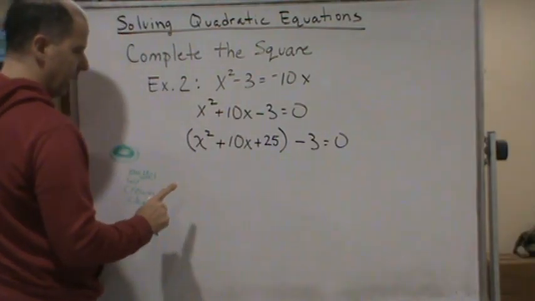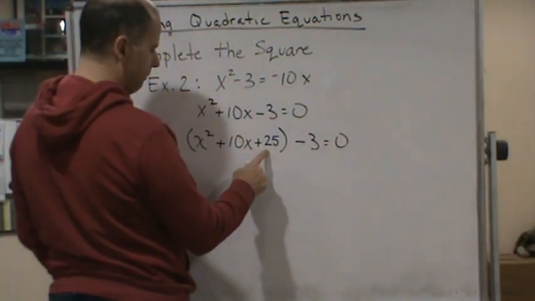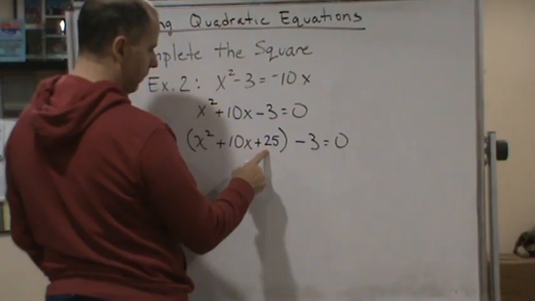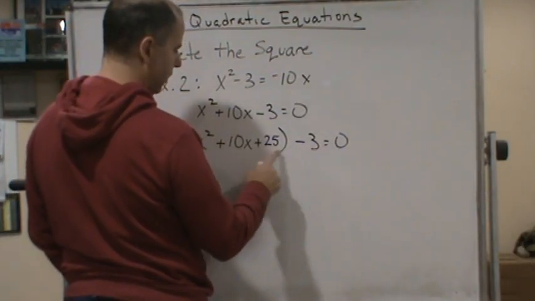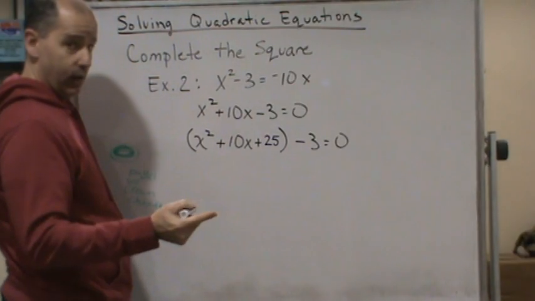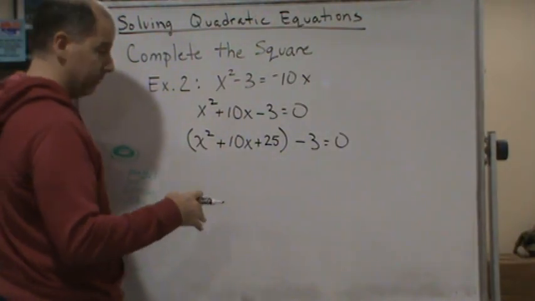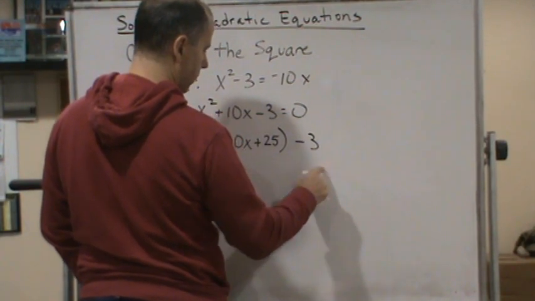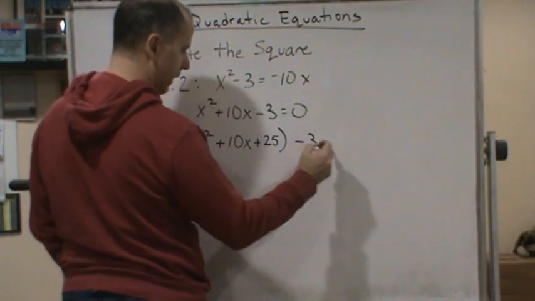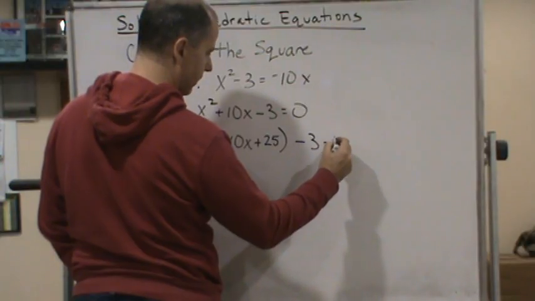Now remember, if I add 25 here, I also have to subtract 25 outside to counter that, right? To undo that, so to make the net effect 0.